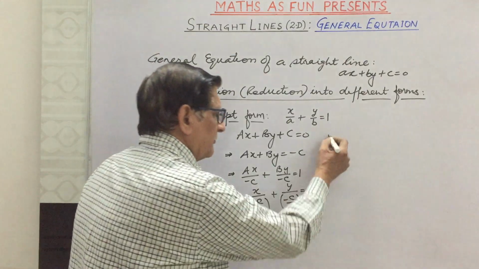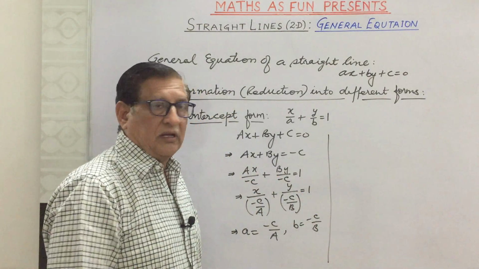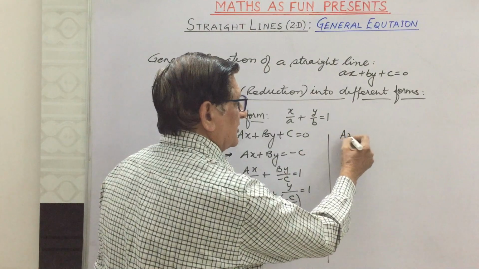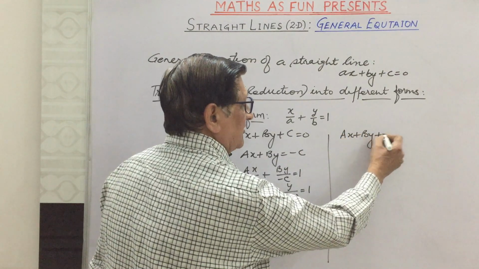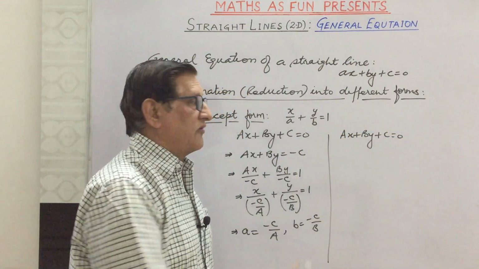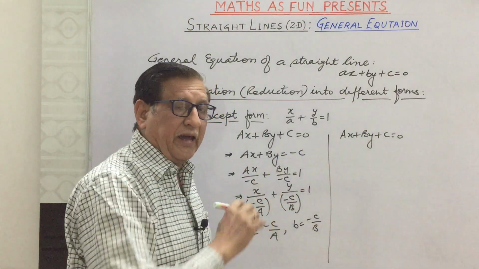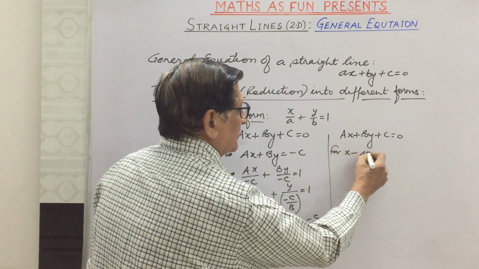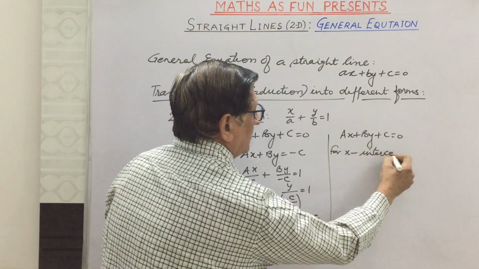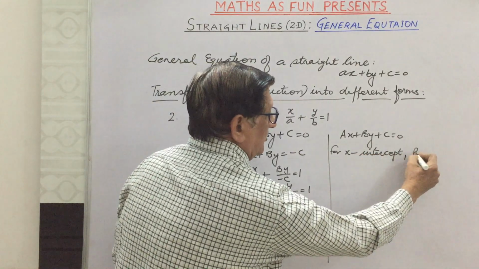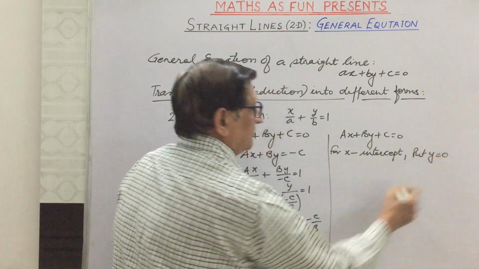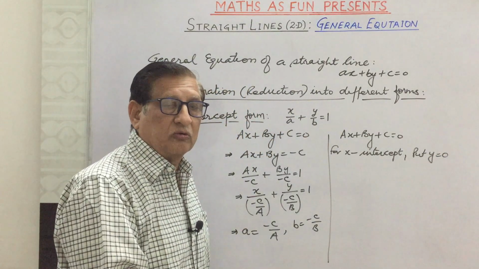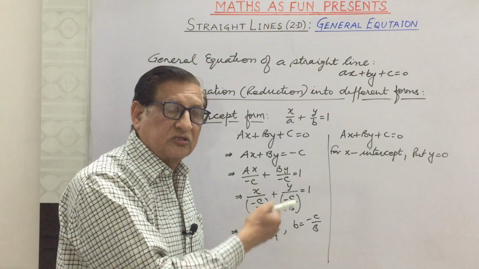Here we can remember one more thing, that if we have any of the equation Ax plus By plus C equal to 0 and we want to find out its x-intercept, for x-intercept what we can do, put y equal to 0. Because we know that y coordinate of every point on the x-axis is 0.